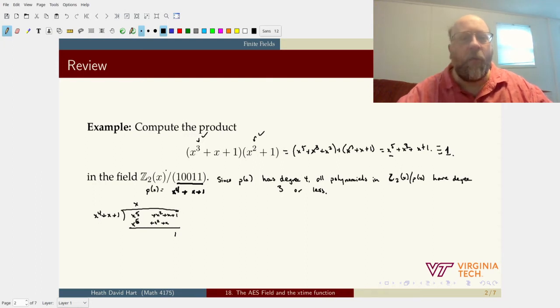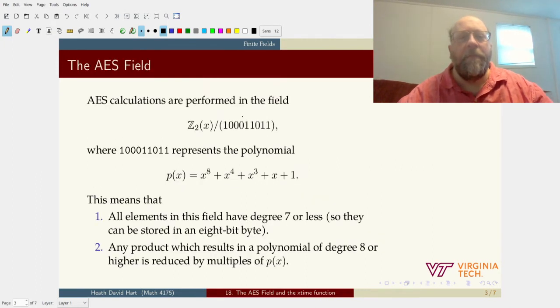So AES works like this, but the field is modulo a much larger polynomial. This is an 8th degree polynomial, and that means that all elements in this field have degree 7 or less. That means that they can be stored in an 8-bit byte, because remember, the first term is 1, which is x to the 0, and then we have x squared, x cubed, up through x to the 7th.